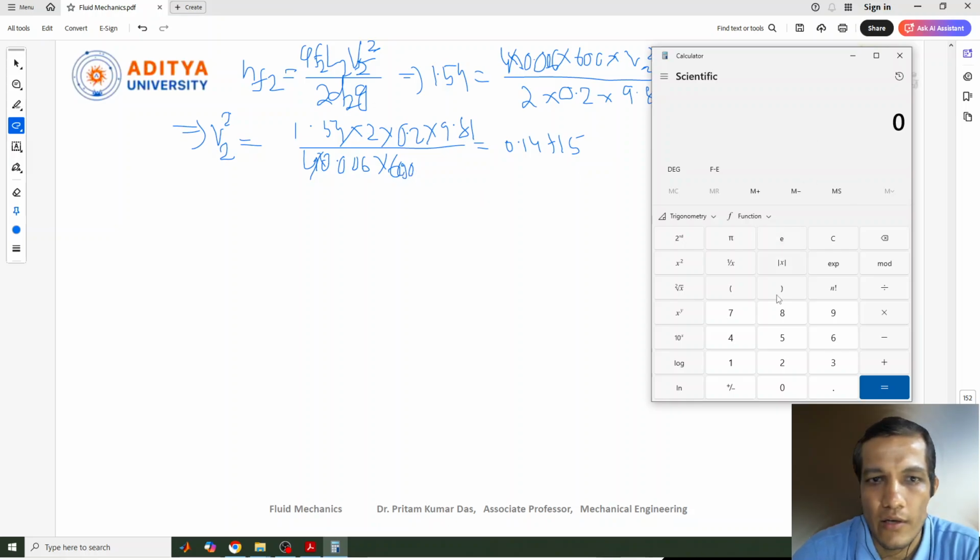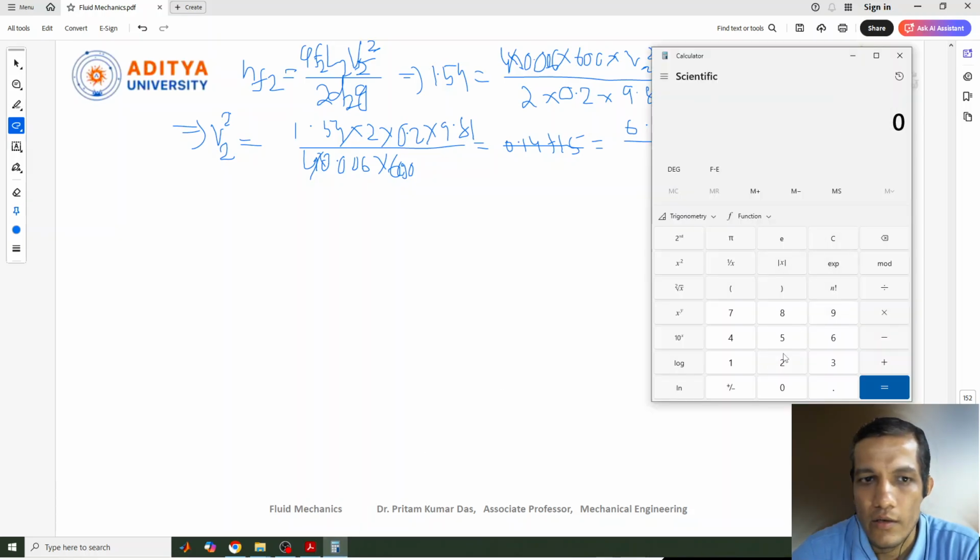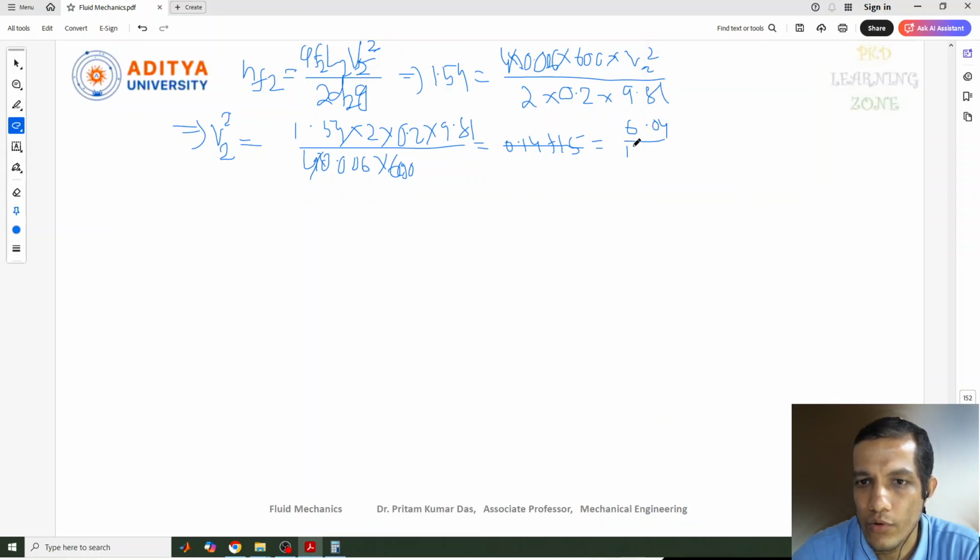The numerator is 6.04, and the denominator, 4 into 0.006 into 600, is 14.4.